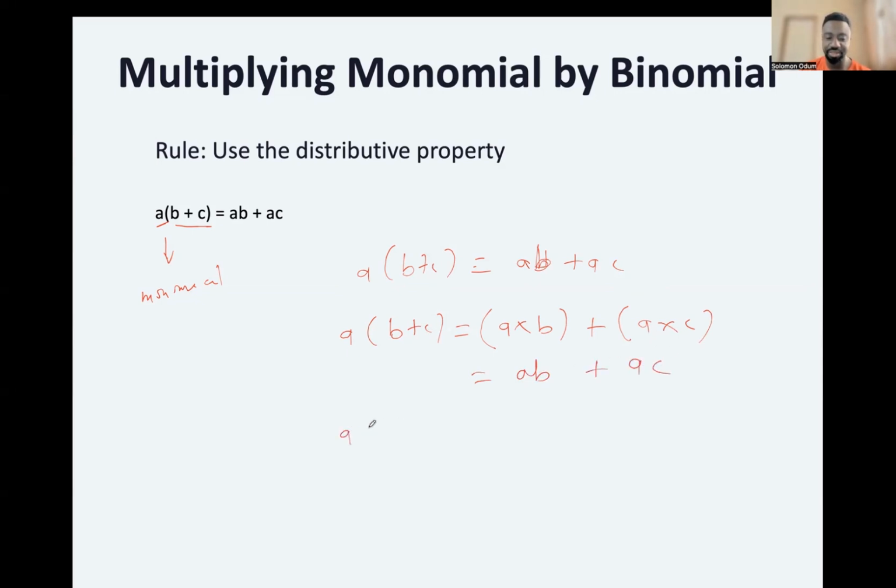So now we know that the expression a into bracket b plus c equals ab plus ac. Good.